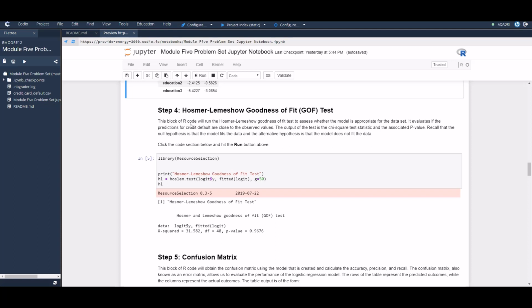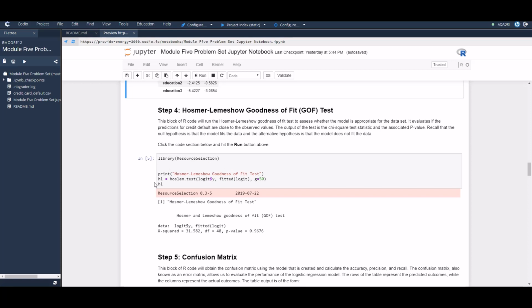So it's a fairly simple hypothesis. If you reject the null hypothesis, then clearly you're going to conclude that the model does not fit the data. If you fail to reject the null hypothesis, you will conclude that the model fits the data. So this test, hoslem.test, is the function in R that runs it, and this is in the ResourceSelection library.